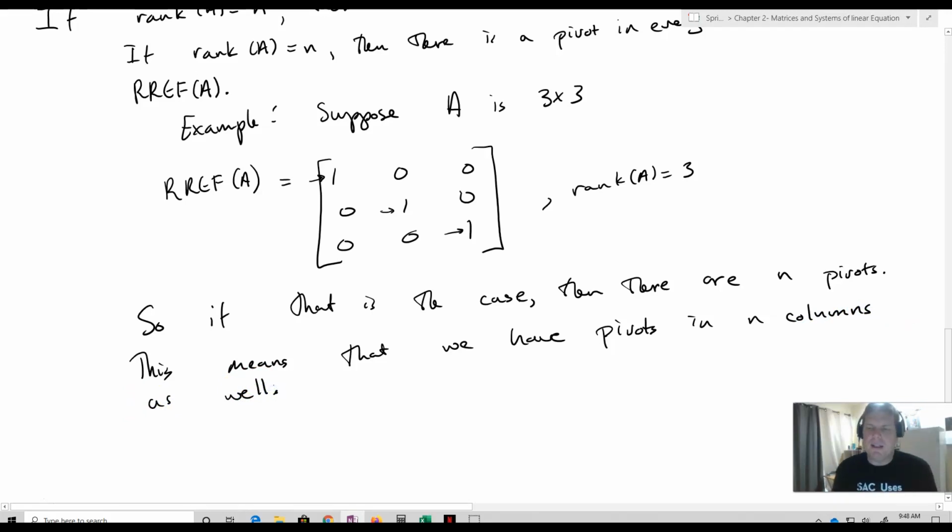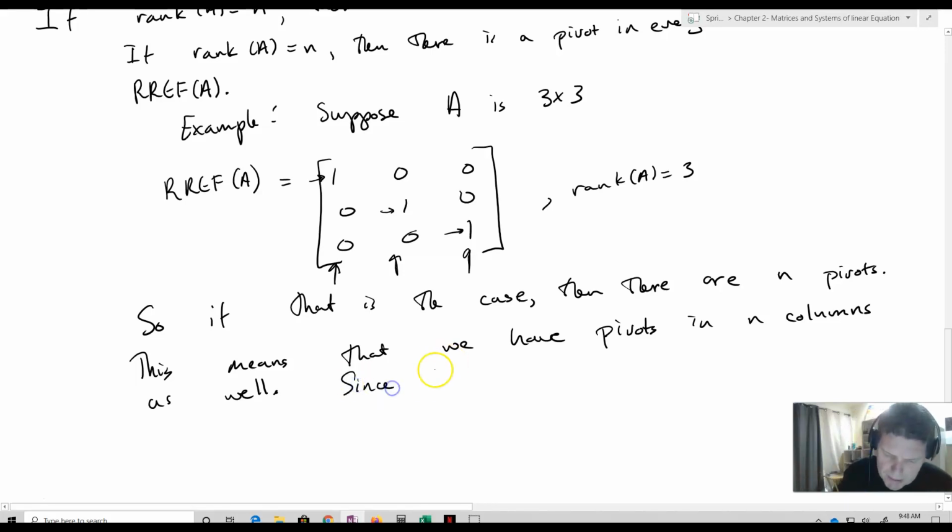So basically what that's saying is that if you have pivots in n rows, you're going to have pivots in n columns. 1, 2, 3.